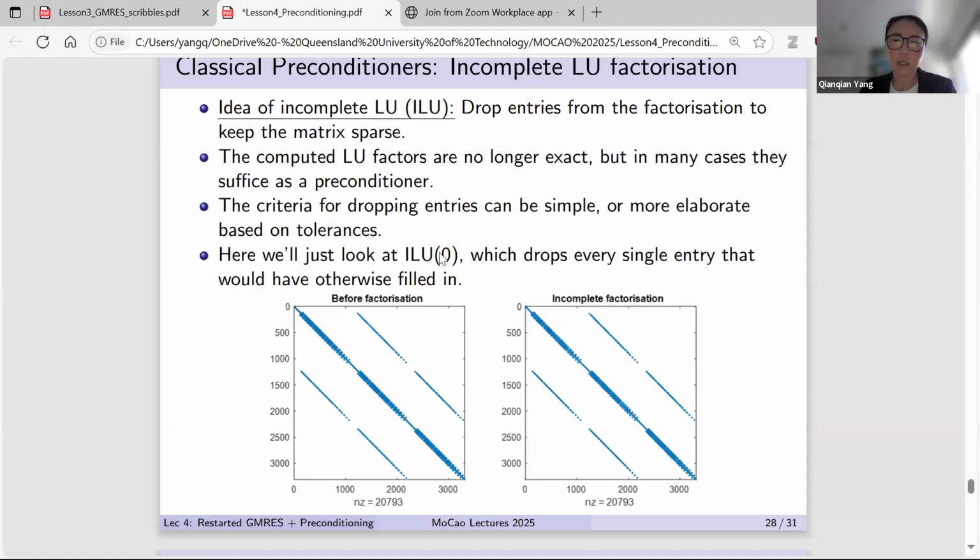For now, let's just look at ILU(0). That means we drop every single entry that would have otherwise filled in. This is my original matrix A, and the pattern looks like this. For my incomplete LU, I want to keep the sparsity pattern the same, so non-zeros only in the positions where A has non-zeros. That's ILU.